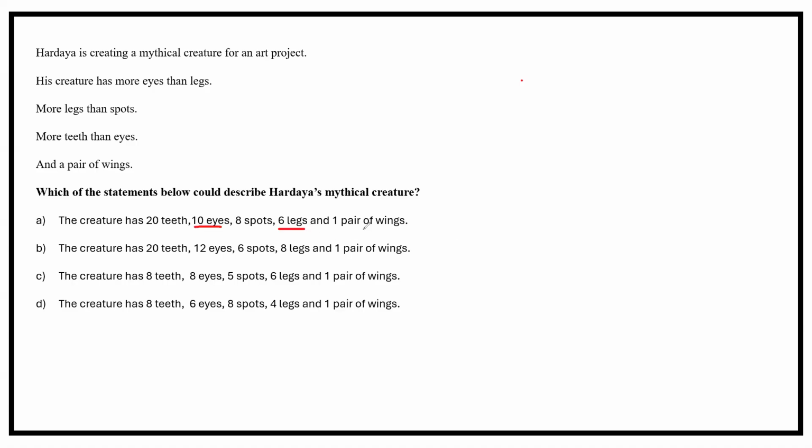No, it could be A. Good, it could be A. It could be D because there's 12 eyes and 8 legs. It could be C because there's 8 eyes and 6 legs. And it could be D. So you have to look at everything else.